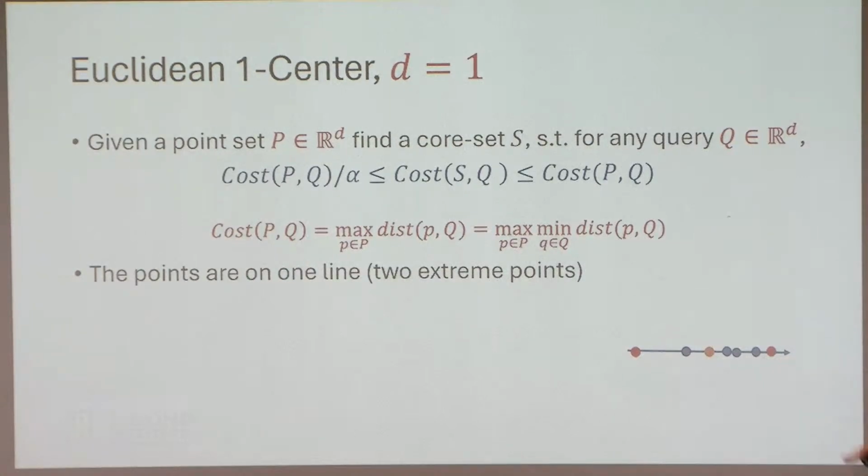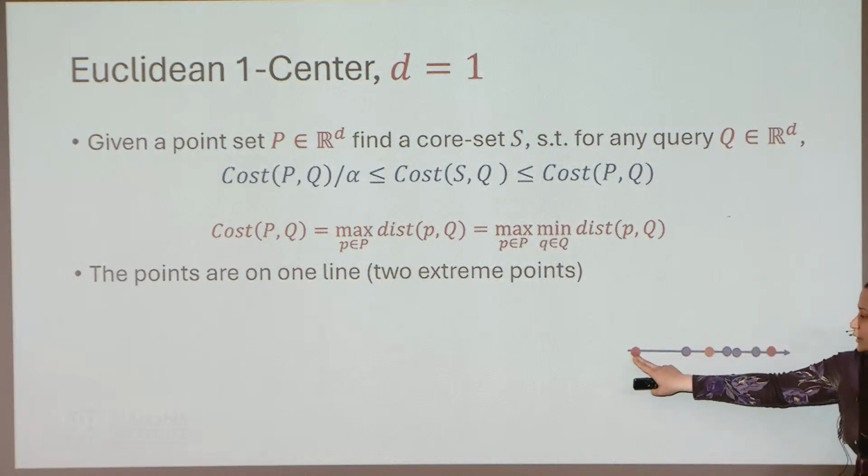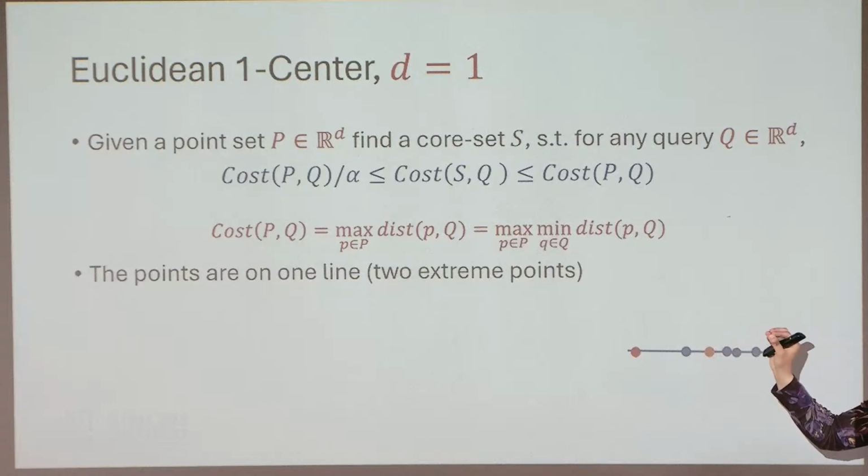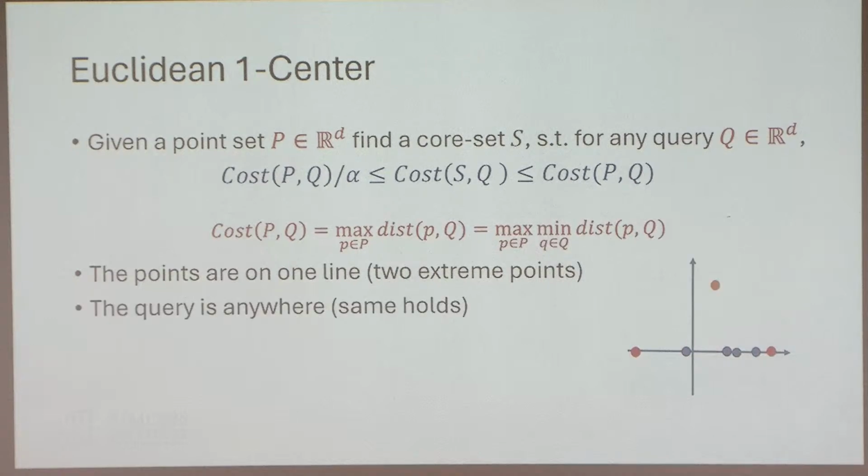A simple coreset for one center would be to only keep 2 points that are at the most extreme ends of this line. This preserves the maximum distances to all possible queries, and the query need not be on the line. Even if the query is outside of this line, only these 2 points preserve the maximum distances of this point set.